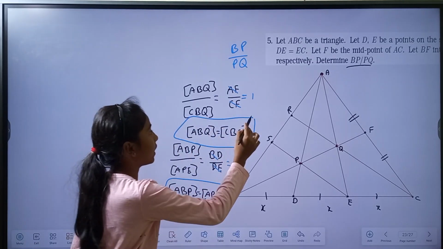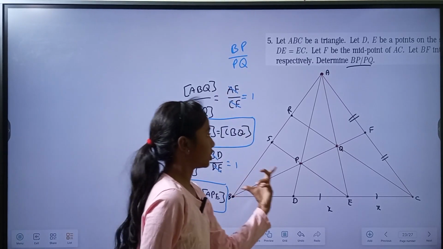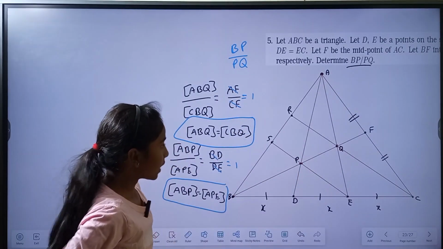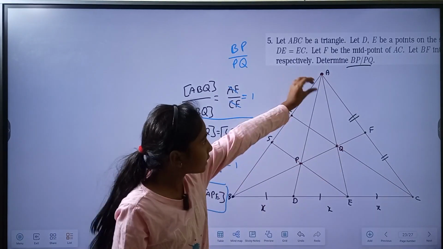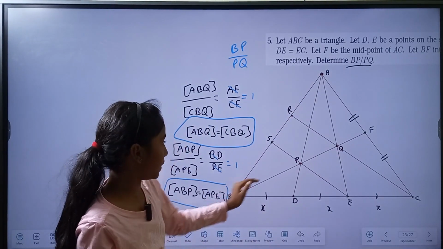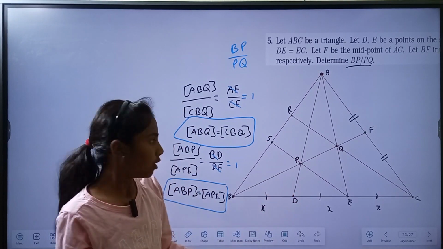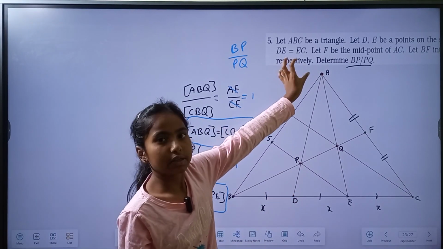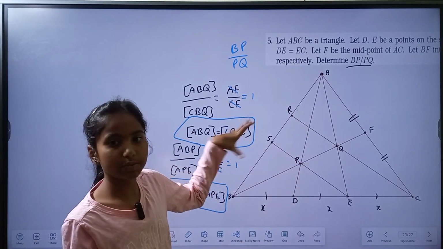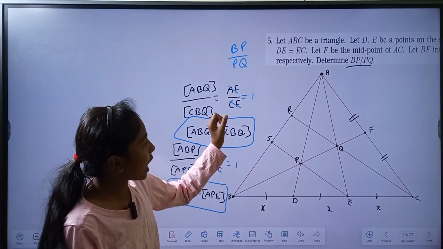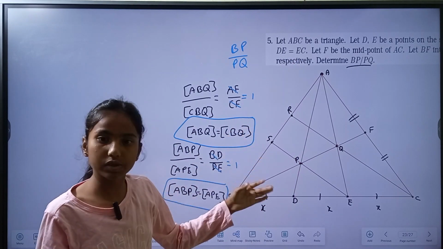And now what we have to find? BP by PQ. In the triangles ABP and APQ, A is a common vertex and the bases BP and PQ lie on the same line, which means that vertex A lies on a line parallel to these bases. So the perpendicular distance is always equal, and the altitudes of both triangles are also equal.